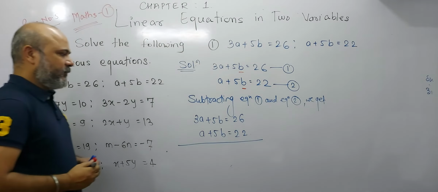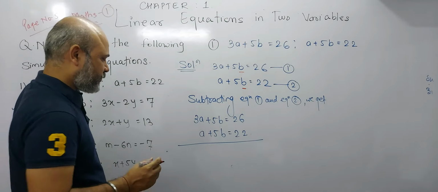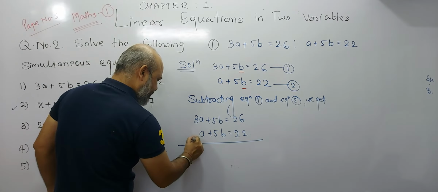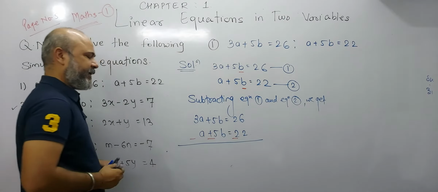Now students, when you subtract equation 1 and 2, the sign of this equation will change. So this is plus, this becomes minus, and this also becomes minus.